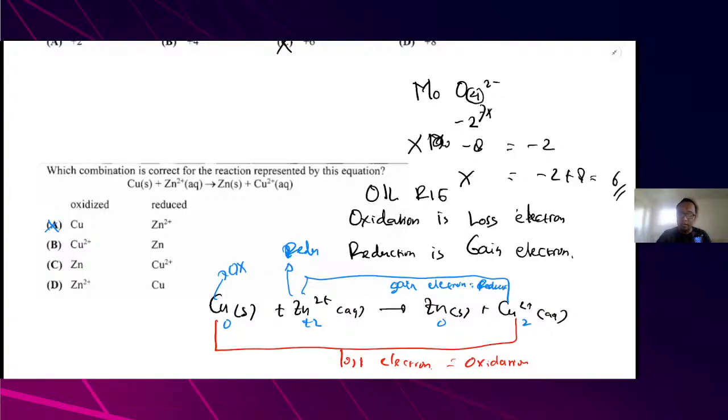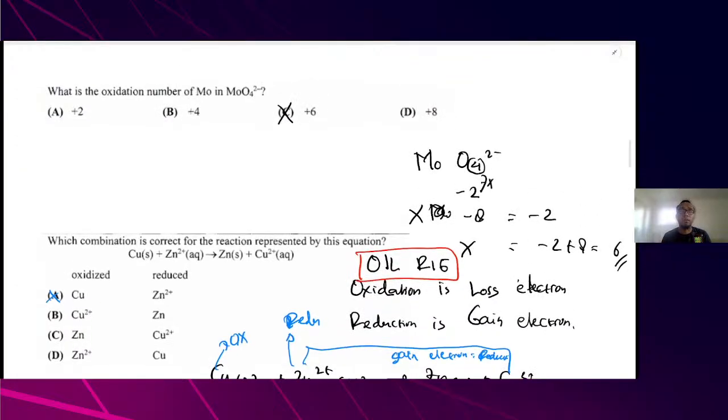Or you can remember this concept, OIL RIG. Oxidation is loss of electrons, reduction is gaining electrons. Okay, that's great. So the answer will be what?